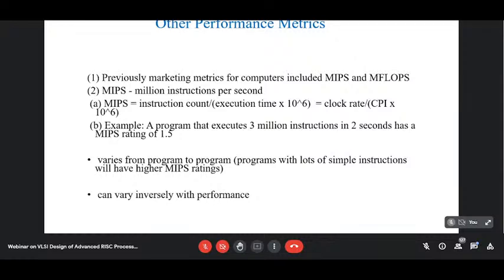That is MIPS. Some CPUs have floating point operations. MFLOPS stands for million floating point operations per second. So these are also some performance metrics for the CPU.